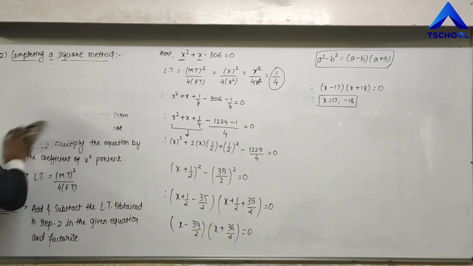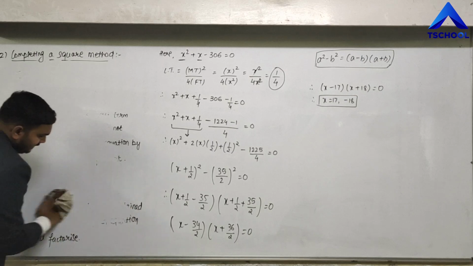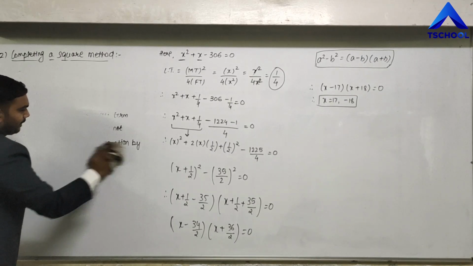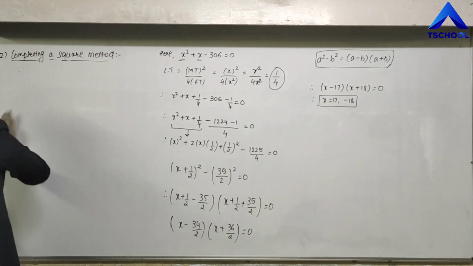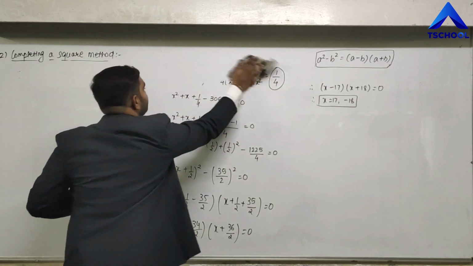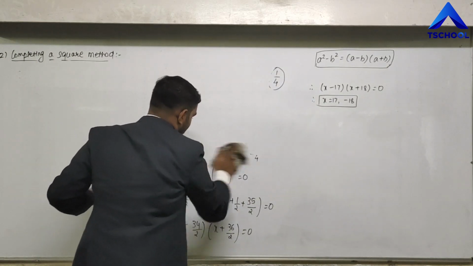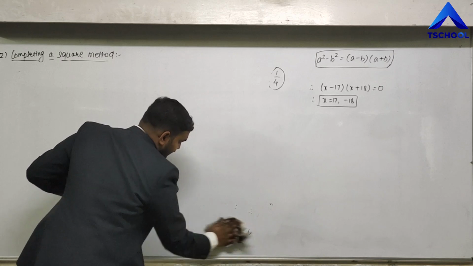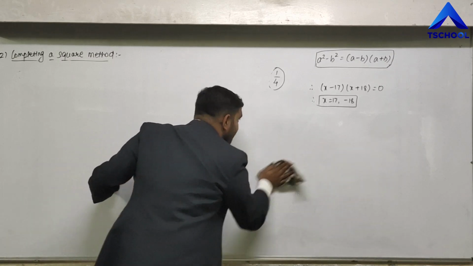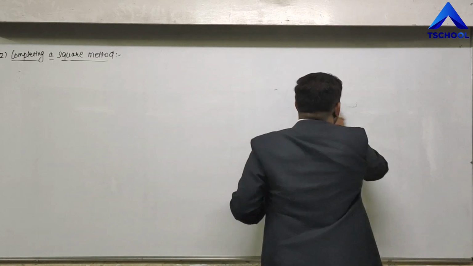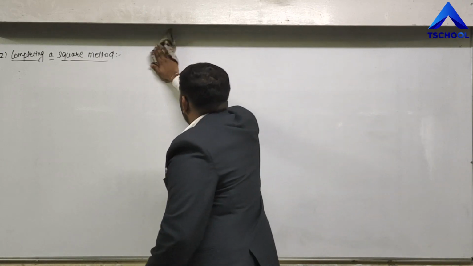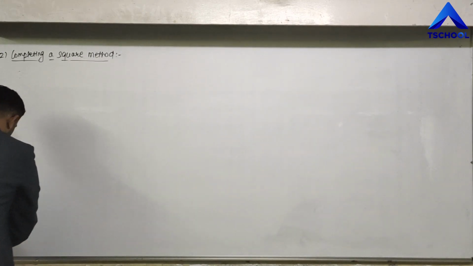Let us move further with some of the examples I am having of the same kind, and then we will see a special case where the completing a square method is limited, and then we shall move on to the last topic, that is the quadratic formula, right?